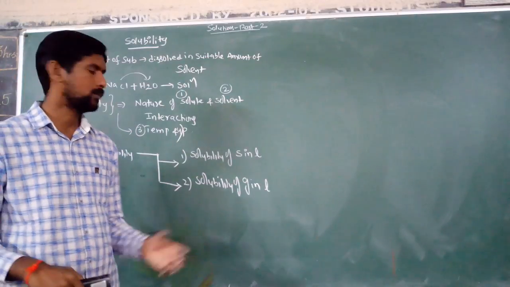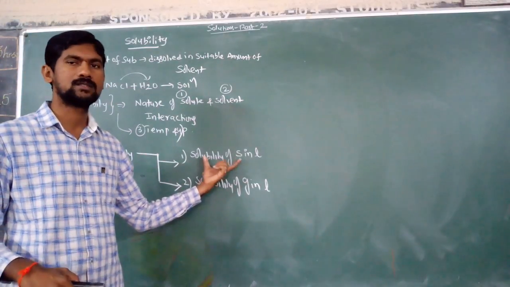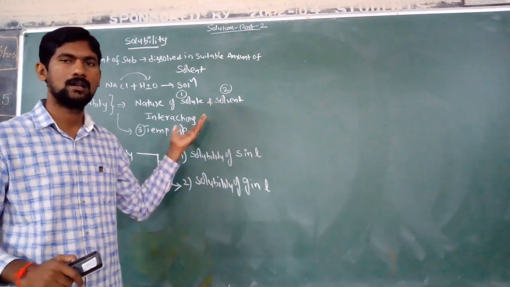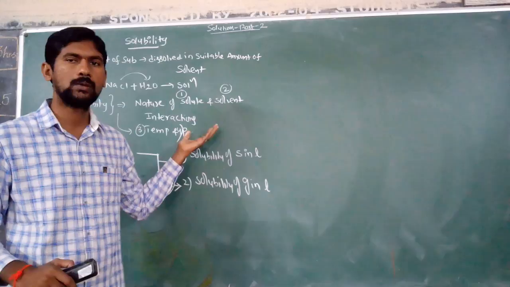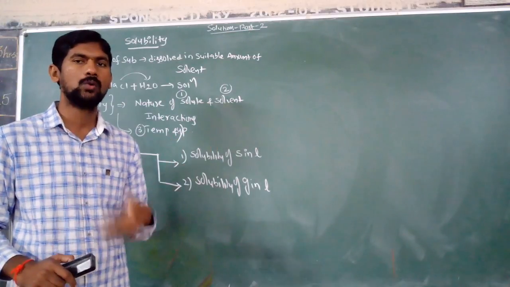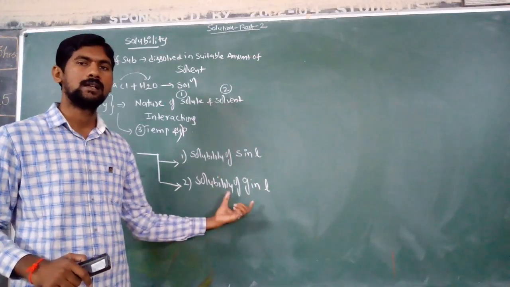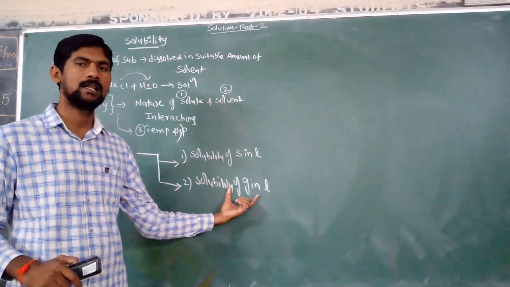We are going to discuss the solubility of two systems and the factors influencing their solubilities, like already told: nature of solute, solvent, temperature and pressure. How these factors can influence the solubility of solids in liquids and solubility of gases in liquids.